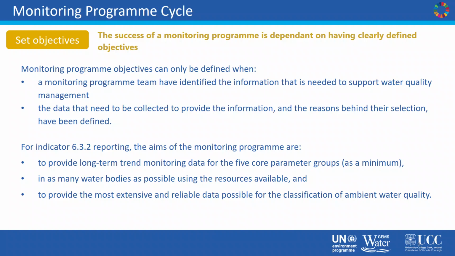For indicator 6.3.2, this has already been done. It is to provide long-term trend monitoring data for the 5 core parameters in as many water bodies as possible using the resources available, and to provide the most extensive and reliable data possible for the classification of ambient water quality.